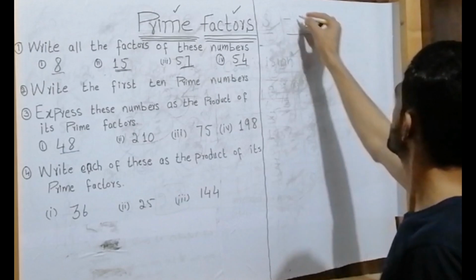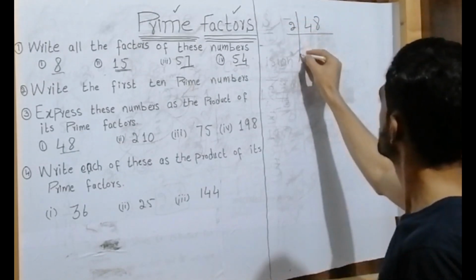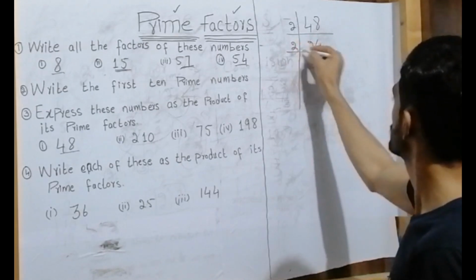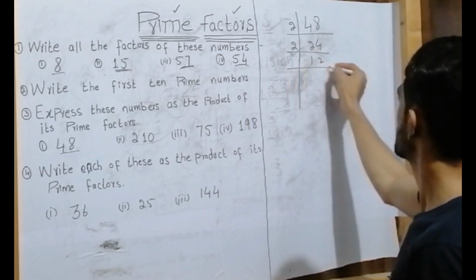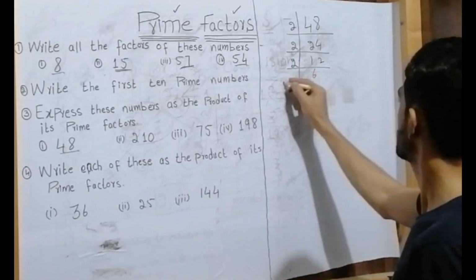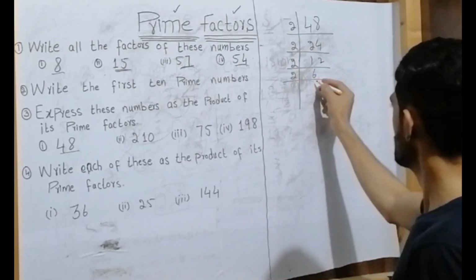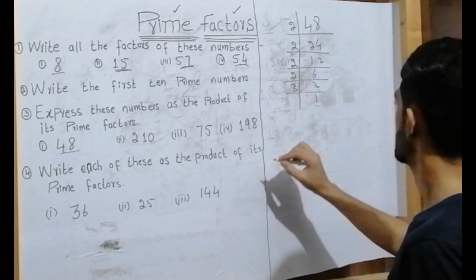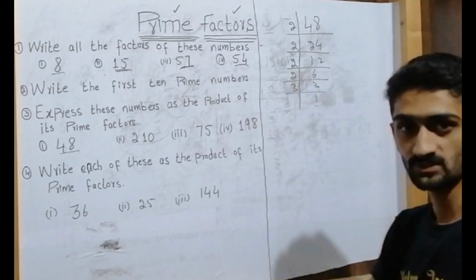So by the division method I will divide with 2. 2 2s are 4, 2 4s are 8, again with 2, 2 6s are 12, again with 2, 2 3s are 6, with 3, 3 1s are 3. So 1 comes, so our process terminates.